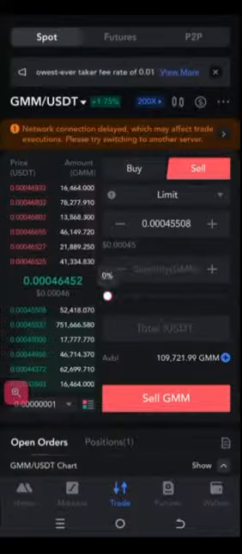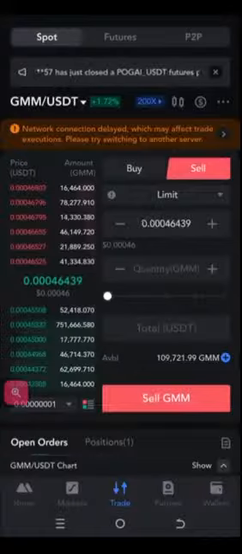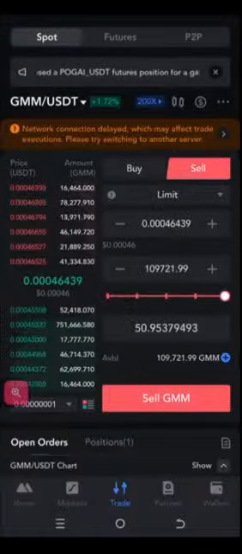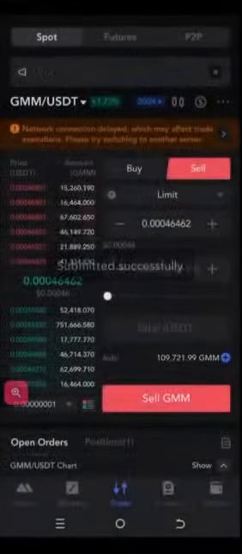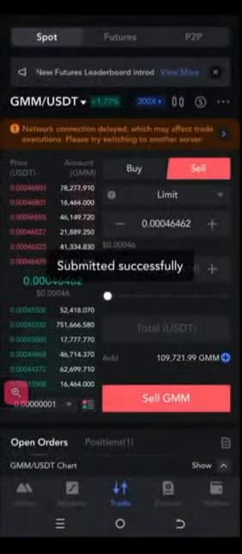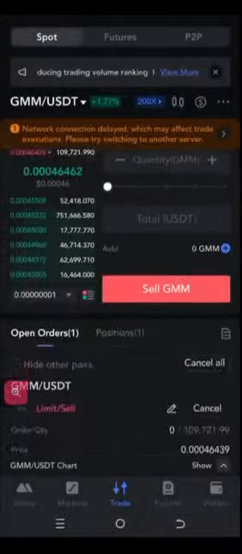Nah, I'm not doing that. So let's just put it in. We click on the number, and then click on sell. Okay, let's see how this goes. All right, it's submitted and we wait to see how soon this gets executed.